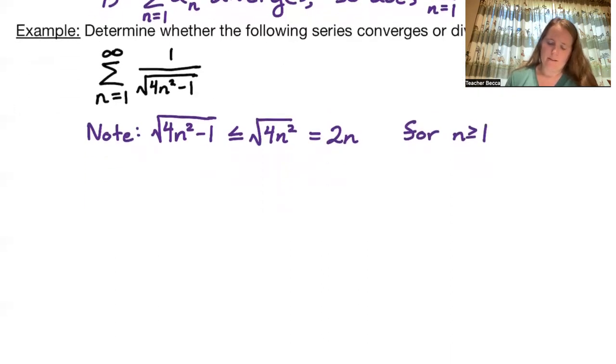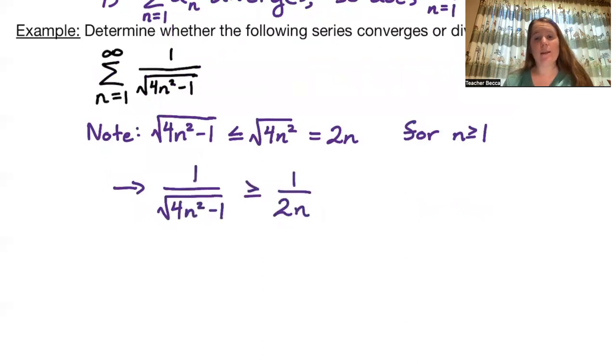This means that 1 over the square root of 4n squared minus 1 must be greater than or equal to 1 over 2n. The inequality flips when we flip to the reciprocal, right?